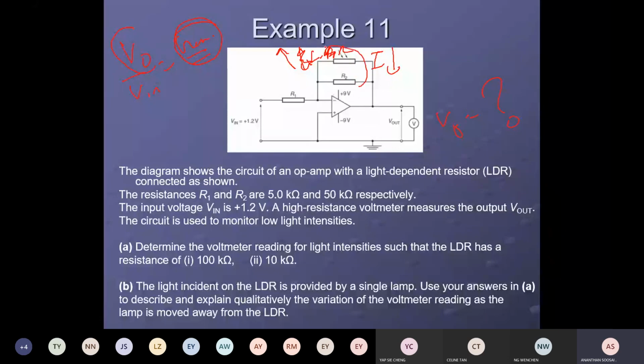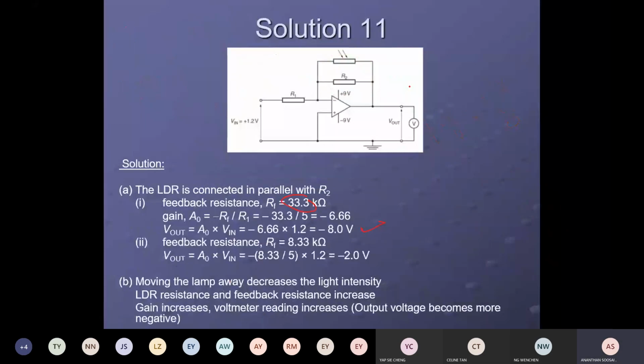So therefore, what happens to the RF value? Anyone? What happens to the RF value? RF value rises. So gain rises, so the output should rise as well. So that's the answer here.